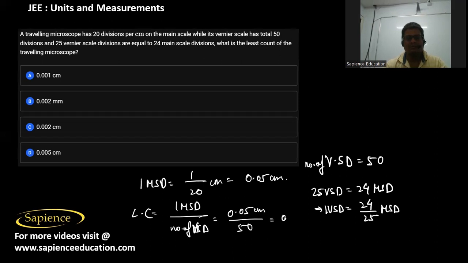So that will be 0.001 centimeter. Or we can solve it like this also. One vernier scale division will be 24 by 25 into 0.05, so that will be 48 by 50, that is 0.048 centimeter.